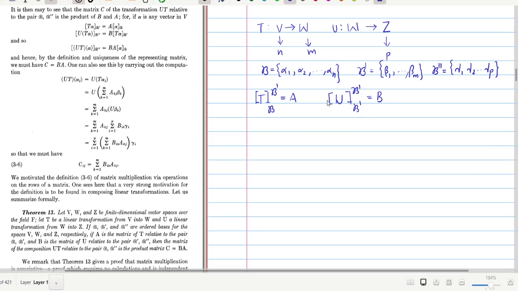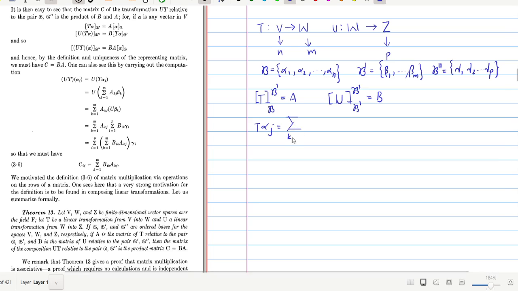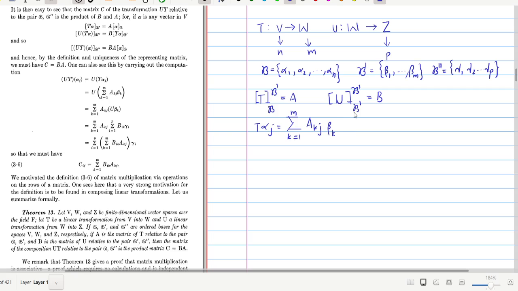Then the ijth entry of this matrix A is given by the formula T of alpha j is equal to summation k equal to 1 to m a k j beta k, for j equal to 1 to n.